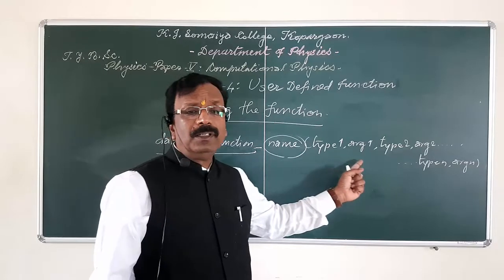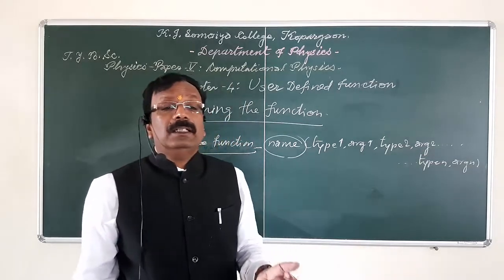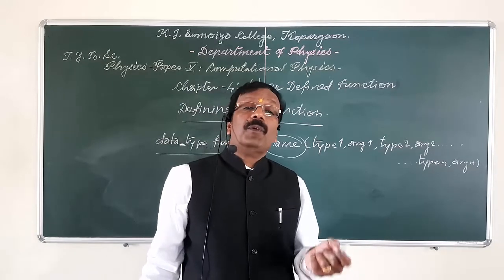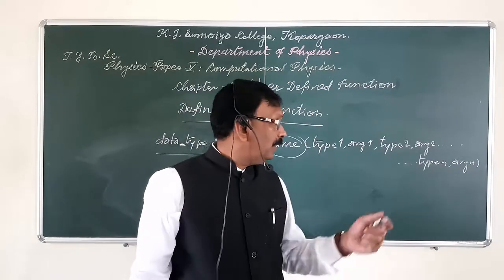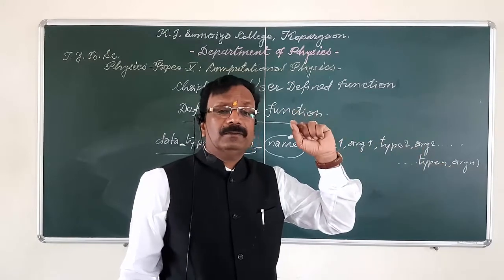Now here type 1, type 2, type n represent the data type of argument 1, argument 2, up to argument n.